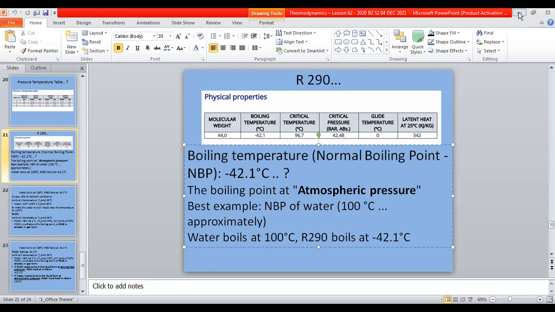Under high pressure you can have liquid, but once exposed to ambient, which is normal pressure, the temperature is well above minus 42, so it will turn into gas. If the ambient is below minus 40, of course, it will remain as liquid.